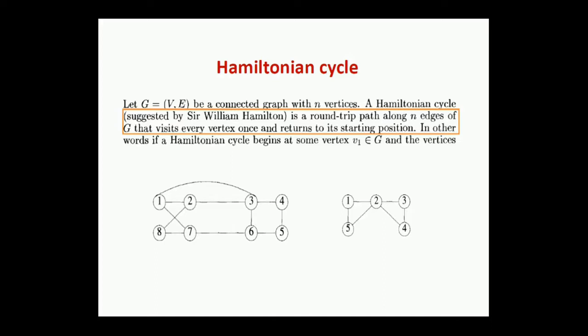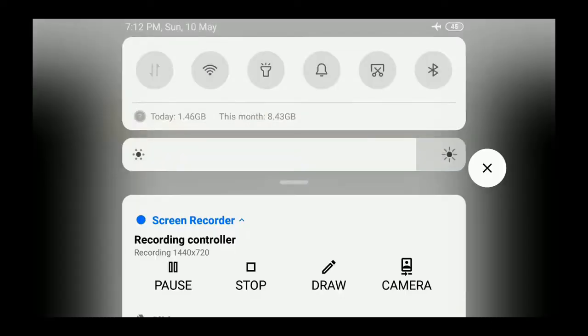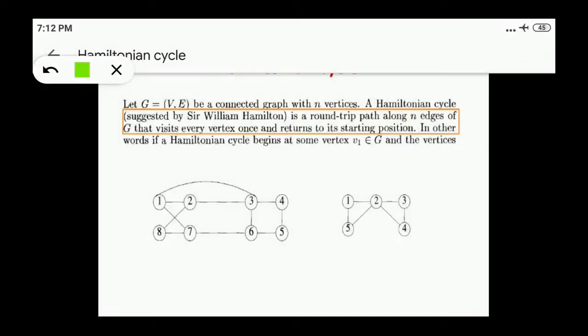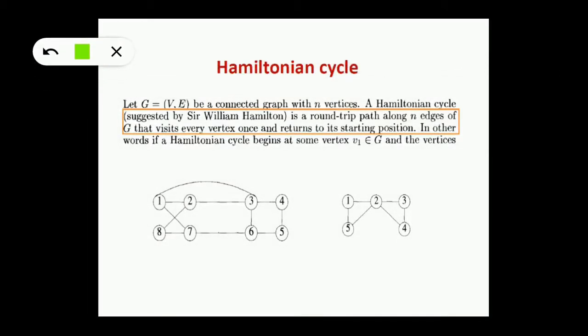So in this particular graph, in the first example, we can obtain a Hamiltonian cycle by visiting vertex 1 to 2, then 2 to 8, then 8 to 7, then 7 to 6, 6 to 5, 5 to 4, from 4 to 3, and then from 3 to 1.